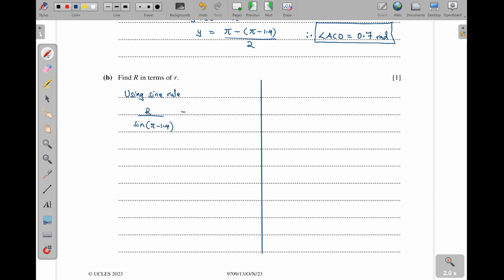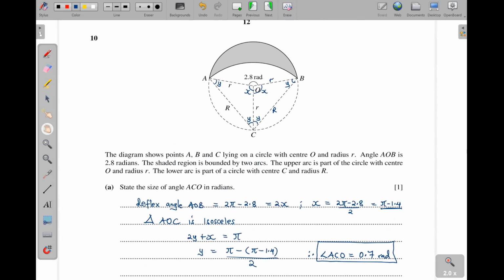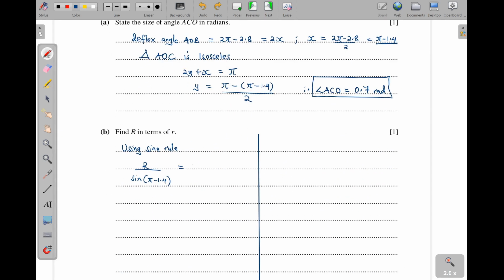Then this is equal to small r over sine of the angle that is opposite to it, Y, which we have gotten as 0.7. So meaning R here is going to be equal to, just cross multiply, small r times sine of pi minus 1.4, all over sine of 0.7. So that is that.